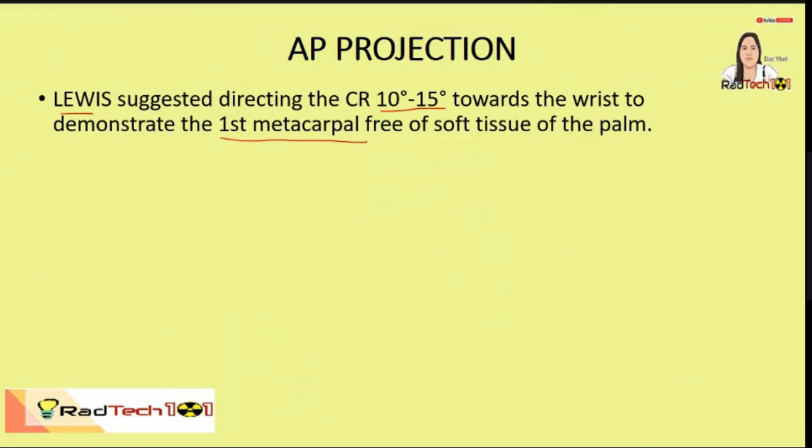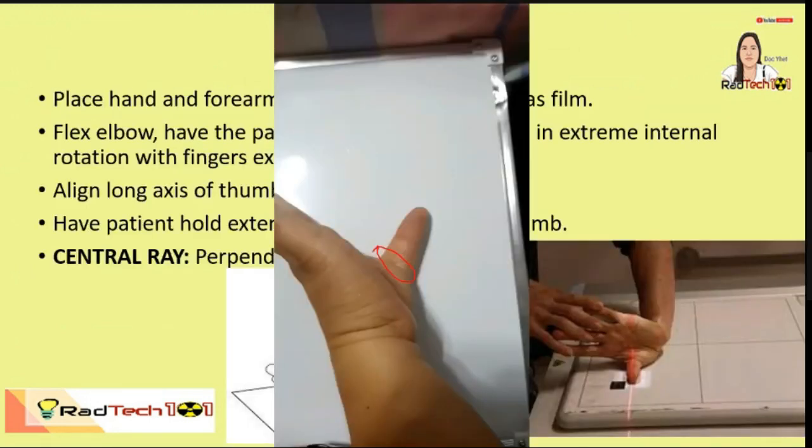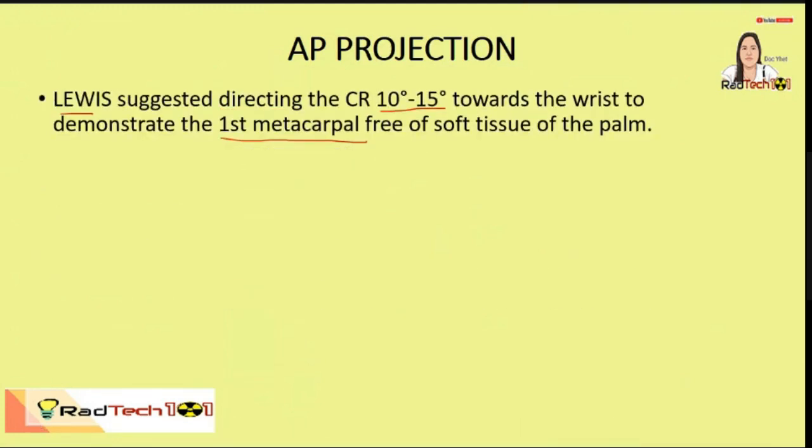Kasi kanina, kung perpendicular lang siya sa MC joint, pwedeng yung ibang part dito ng ating palm, pwedeng mag-superimpose sa ating joint dito. So, ang sabi ni Lewis, mag-angulate daw tayo ng central ray 10 to 15 degrees para ma-demonstrate ang ating first metacarpal free of soft tissue. Okay?